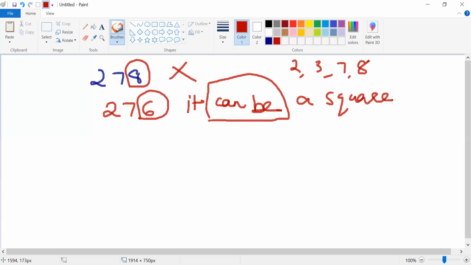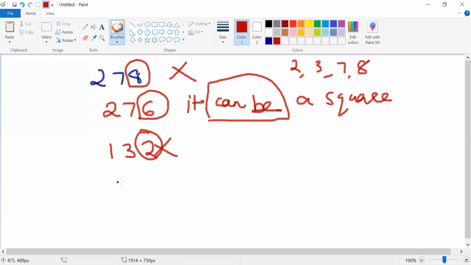It can be because it is ending in 6. But if I give another number, 132, immediately you can reject it because it is ending in 2. No square number will end in 2. So it cannot be a square number.